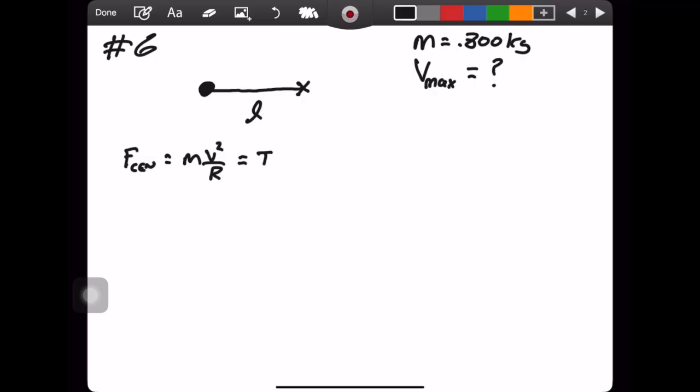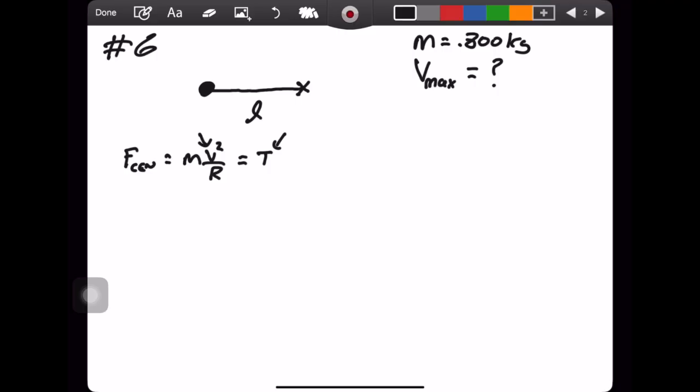So at a certain point, if this v right here gets so big, then this tension is going to get so big that the string's going to break, because the string can no longer support the tension necessary for such a high velocity of the stone whirring around.